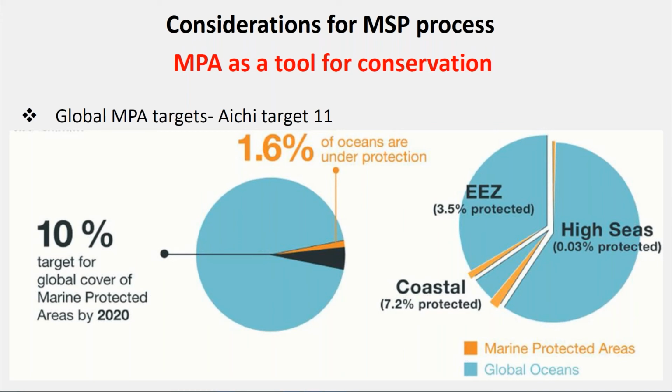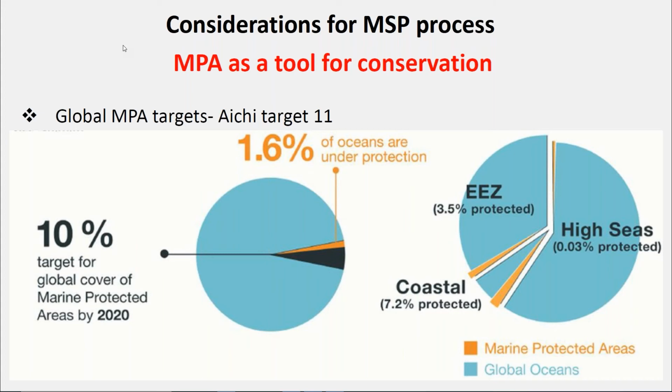There has been a great deal of effort in terms of increasing the areas of marine protected area all over the world. And under the Aichi target in 2010, the target was to achieve a 10% global marine protected area cover by 2020. And in this year, we find that we have a considerable effort that has been put.